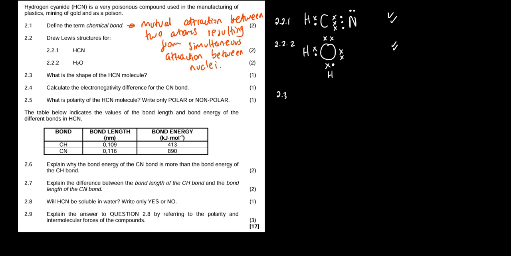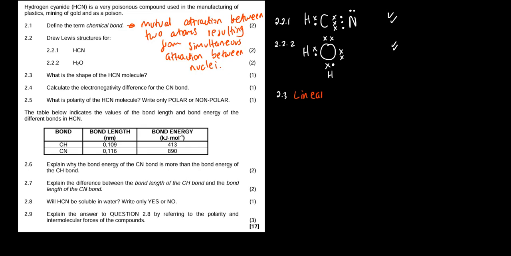It's a table that we must know, that has these shapes. We'll talk about it in more detail. And then what is the electronegativity difference? But by the way, for 2.3, this molecule is going to be just linear, right? Once we discuss them, you'll understand why.